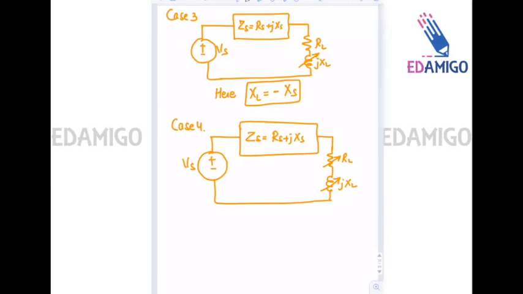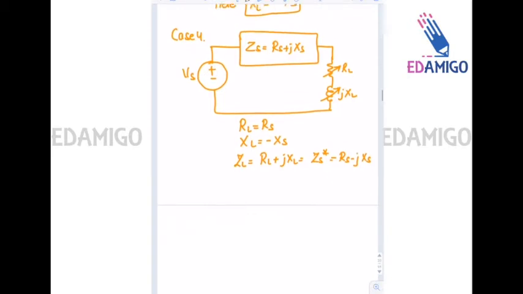So here we have RL is equal to RS and XL is equal to minus XS, or I can say that ZL, that is RL plus jXL, is equal to ZS conjugate, that is RS minus jXS, for the maximum power transfer. So this can help you. These are the 4 possible cases. No other case is possible for the maximum power transfer.